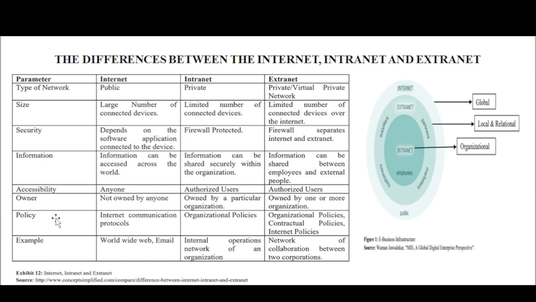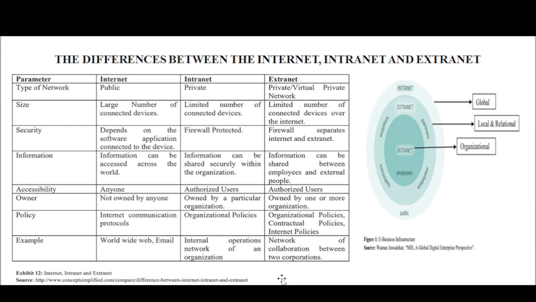The internet follows standard internet communication protocols like HTTP, hypertext transfer protocol, then file transfer protocol FTP, then internet protocol, then TCP, transmission control protocol, etc. Then intranet is governed by organizational policy, that is owned by a particular organization. Then extranet is governed by organizational, contractual and internet policies.